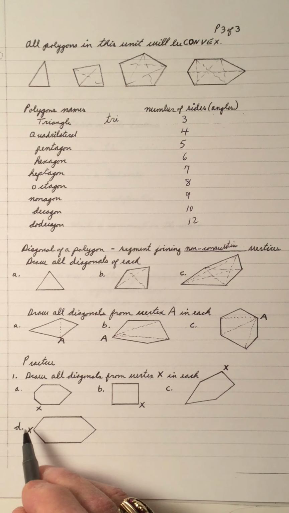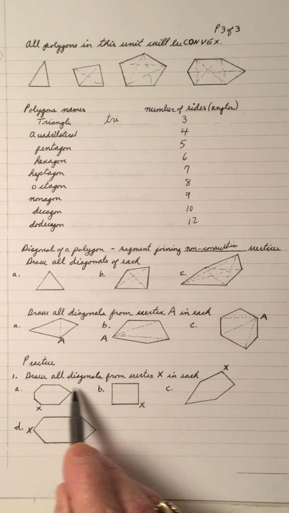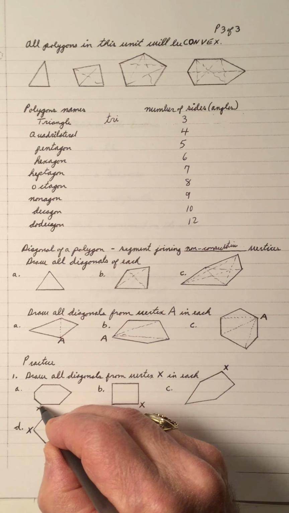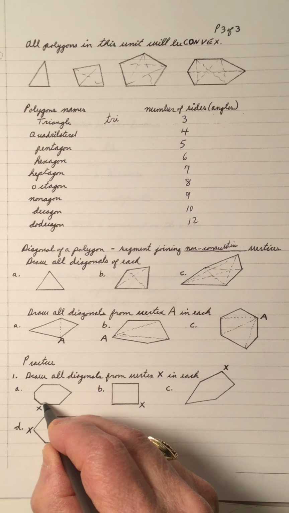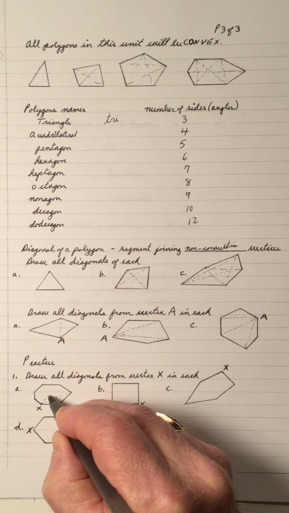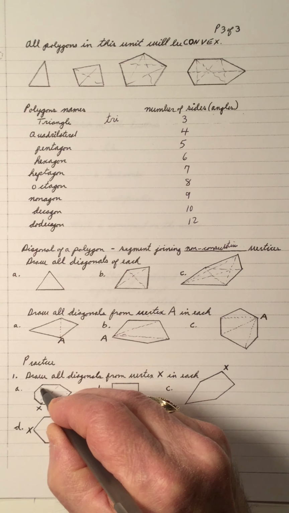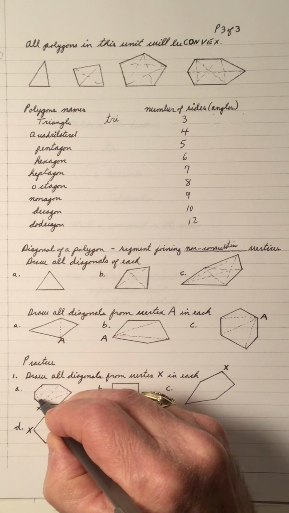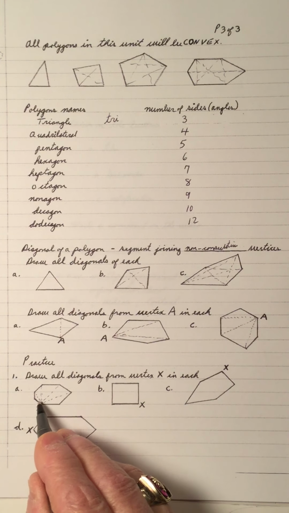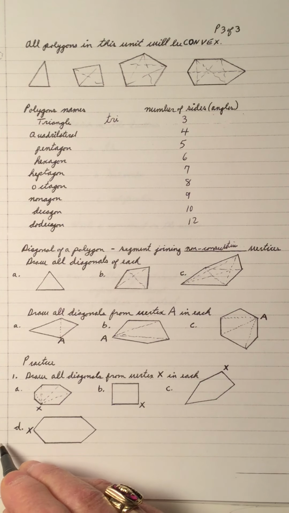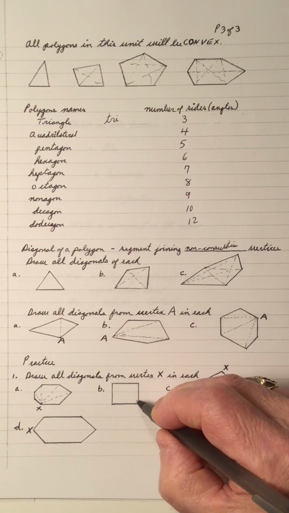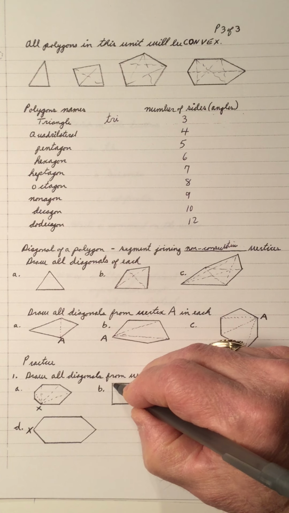Practice. Pause your video and see if you can draw the diagonals from X. Draw the diagonals. X, 1, 2, 3. So there are 4 diagonals drawn from the vertex X. And this is a rectangle or a square.